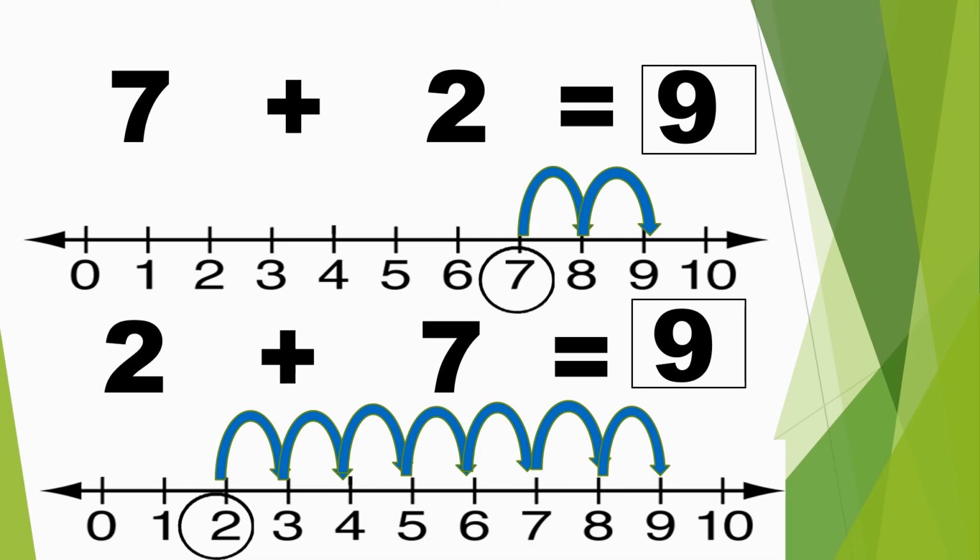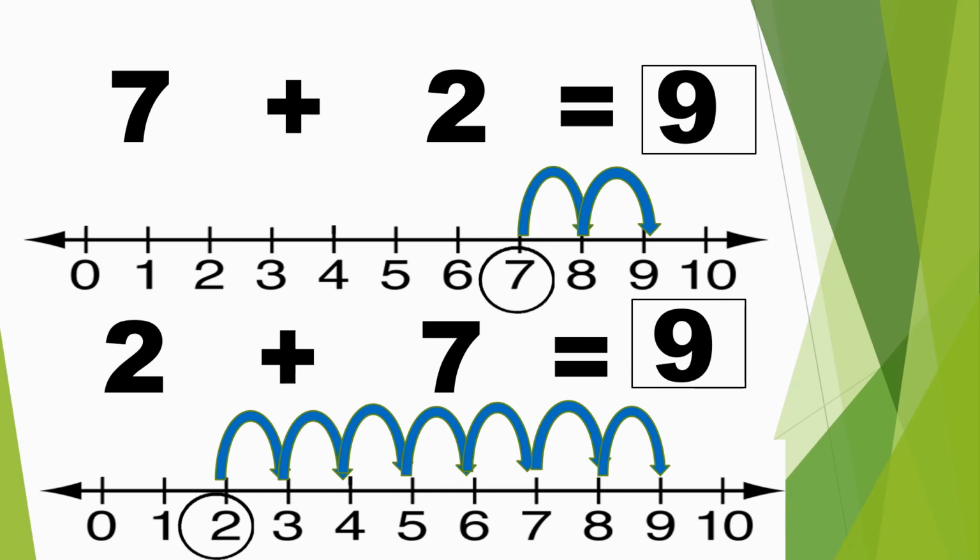So we see that we get the same answer in both cases. That means it doesn't matter whether we write the bigger number first or the smaller number first. We get the same answer, but there is a slight difference. When we add 7 and 2, we have just 2 hops to get the answer, and we get the answer very fast.